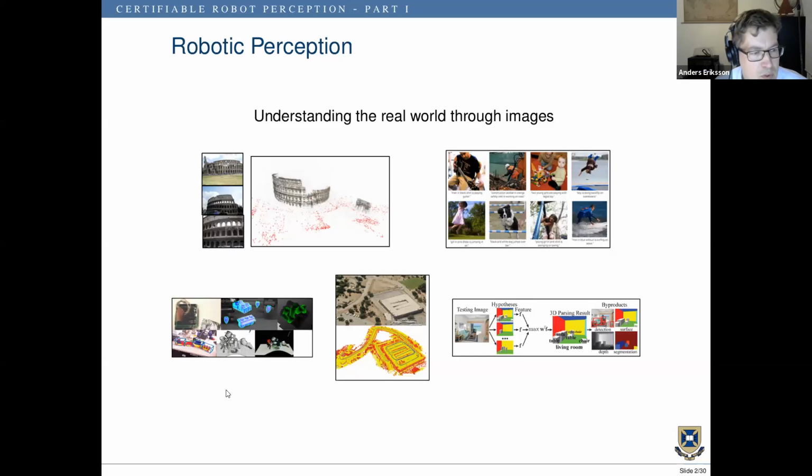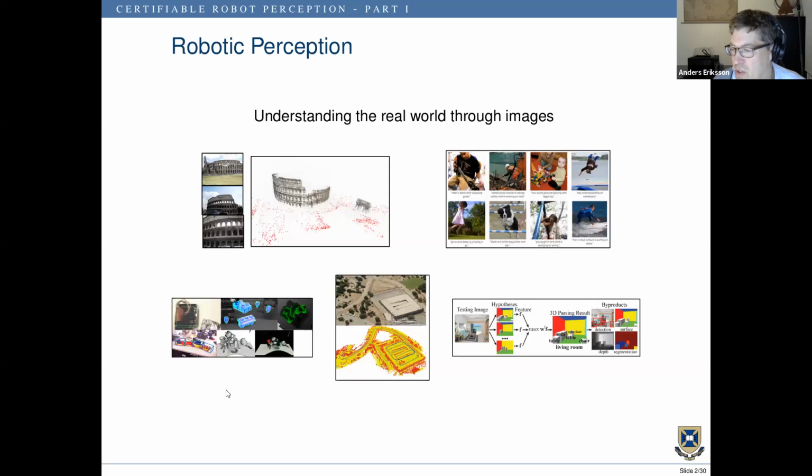But what is common is that these problems typically lead to some form of an optimization problem. In 3D reconstruction, you look at minimizing some form of reprojection error. In the image understanding task, you look at perhaps learning through minimizing some related loss function in training.